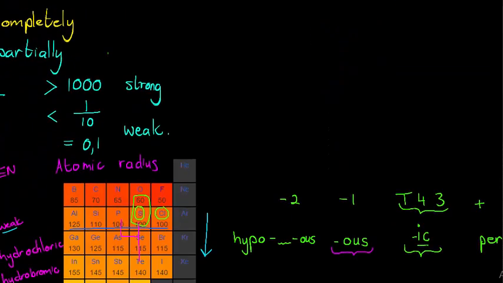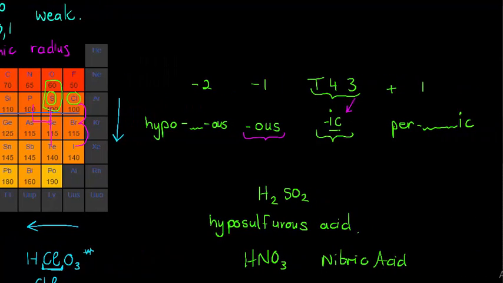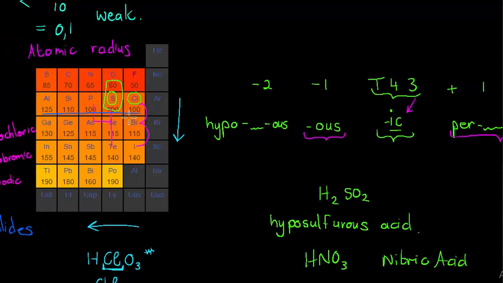acid, because chlorine is in the 3. Therefore he needs 3 oxygens to get the ick, but he has 4 oxygens, and that is why it's called perchloric acid. So as we've been adding the 4s, this was perchloric, sulfuric, phosphoric.